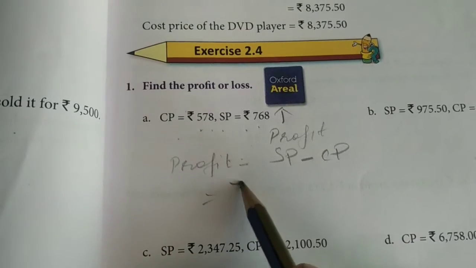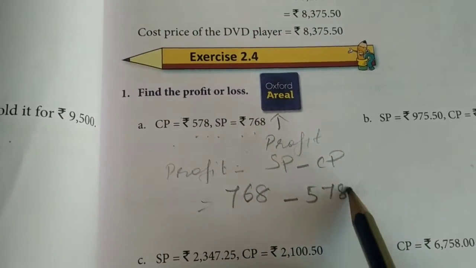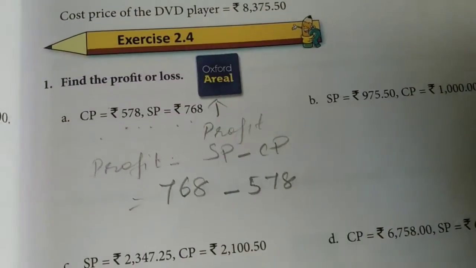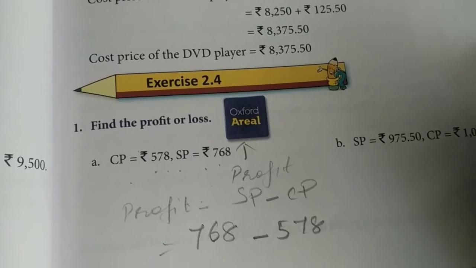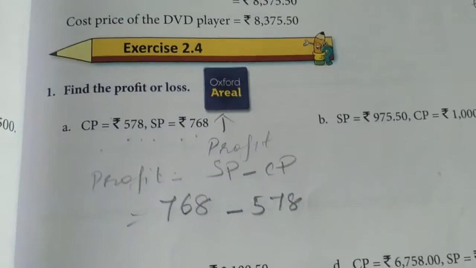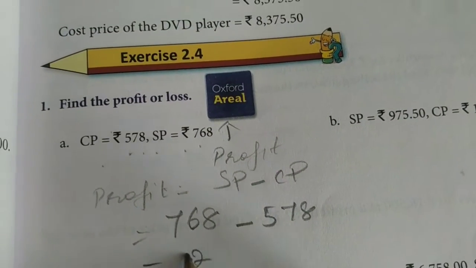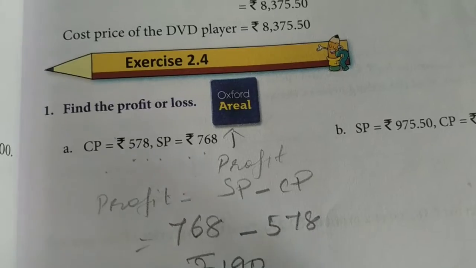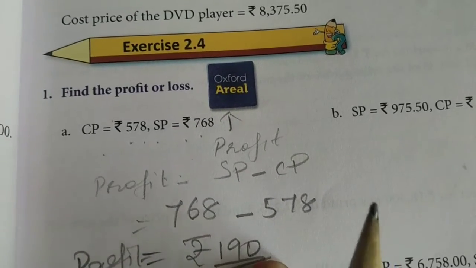What is SP here? 768 minus 578. Please do the calculation along with me. Please do the subtraction, my dear kids. What is the answer? Rupees 190. So the profit is rupees 190.